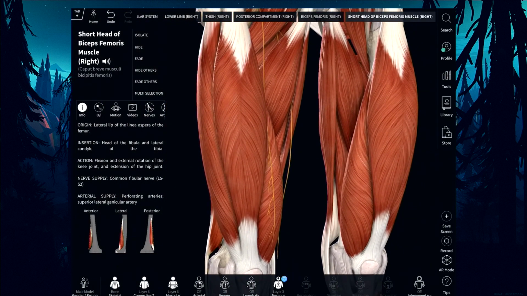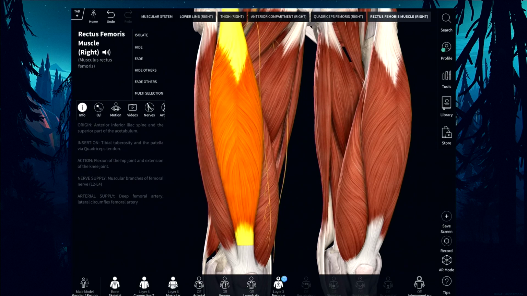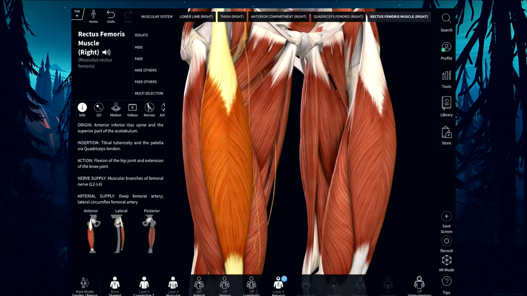Let's turn our attention anterior. The knee extensors, or the quadriceps. We've already talked about the rectus femoris. We know it has some action to flex the hip, but its main primary function is to extend the knee. I'll say if the hip is stable.